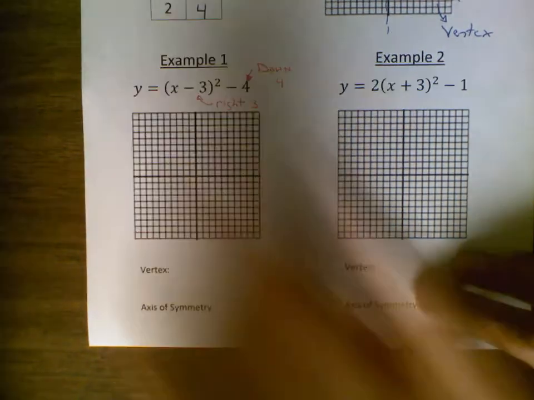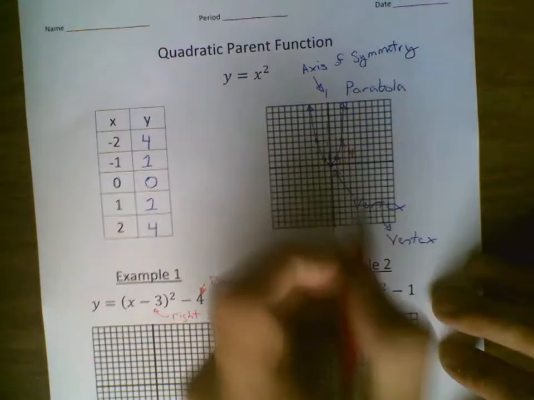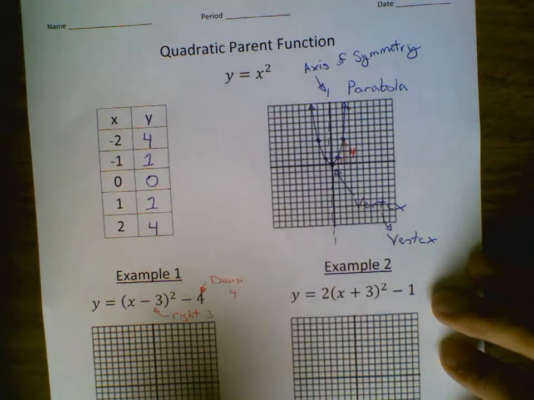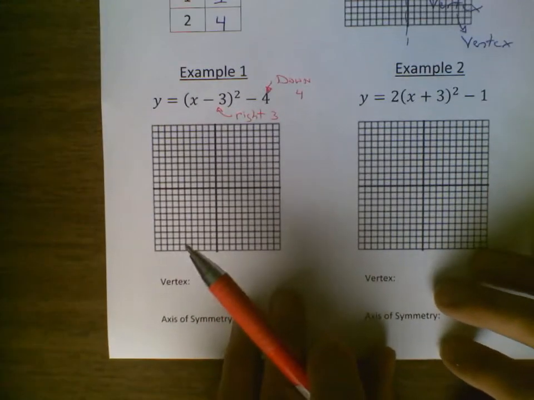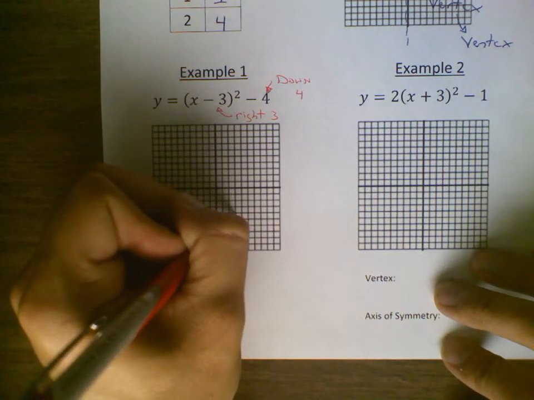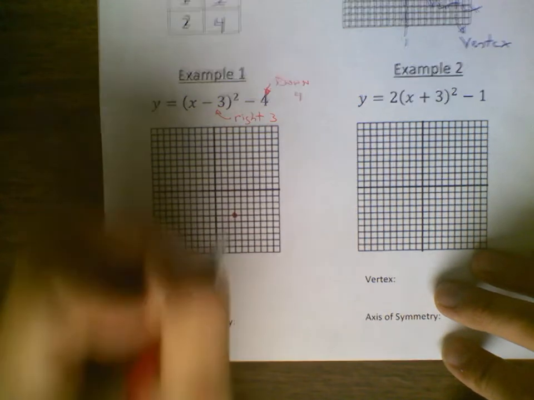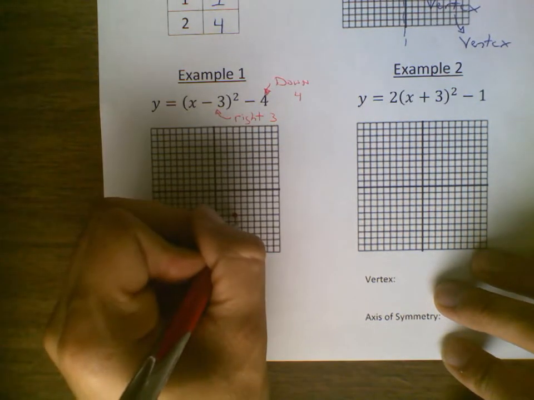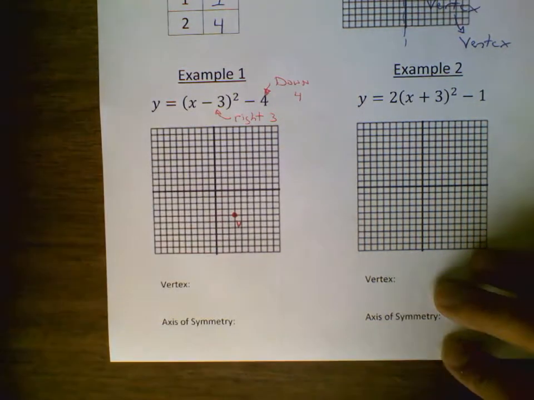So this vertex point, that was at the origin, is now going to move right 3 and down 4. On this graph, I go right 3, down 4, and that is where my vertex is. I'm going to put a little V by it for vertex.